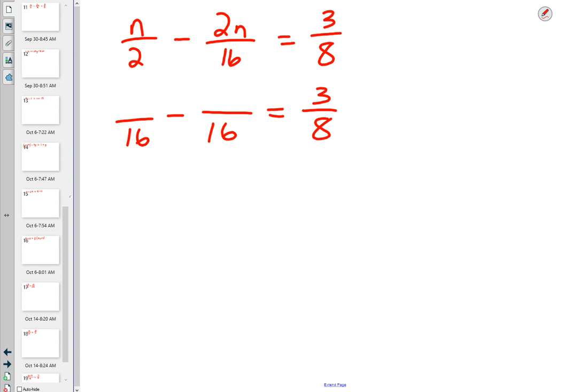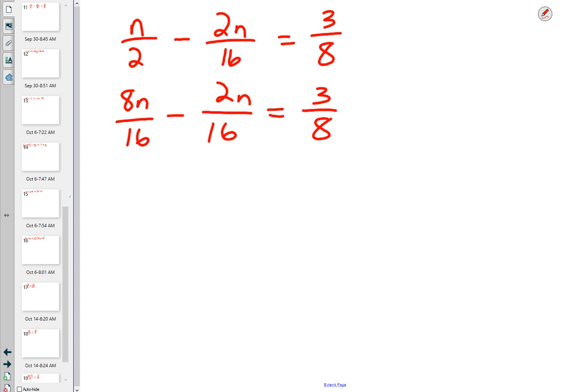The second 16 has to stay the same, so the second 2n stays the same. The first fraction's 2 became a 16. How? Times 8. So take whatever's on top and also multiply it times 8. 8 times n is 8n.